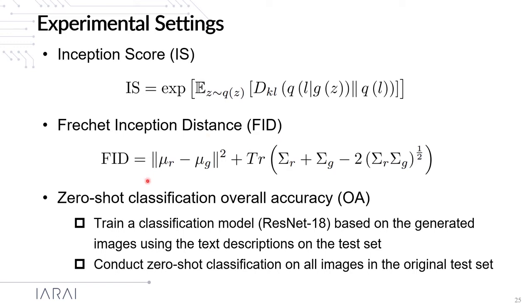So we came up with the idea to train a classification model, for example, ResNet 18, based on the generated images using the text descriptions on the test set. And then we conduct the zero-shot classification on all images in the original test set. And we use the overall accuracy in the classification as another metric to measure the generation quality and the semantic consistency of the model.